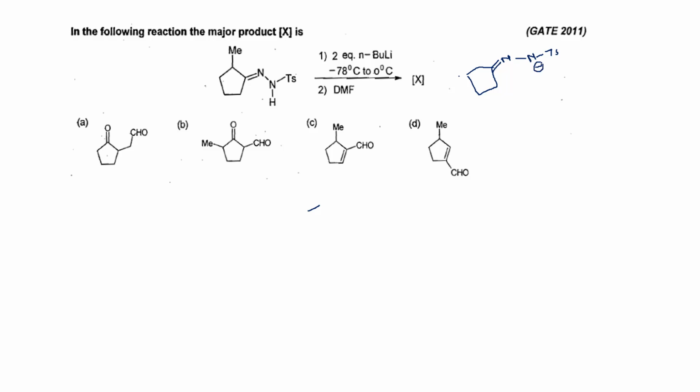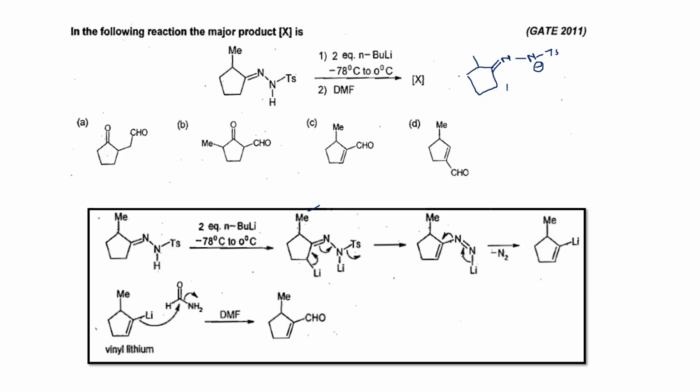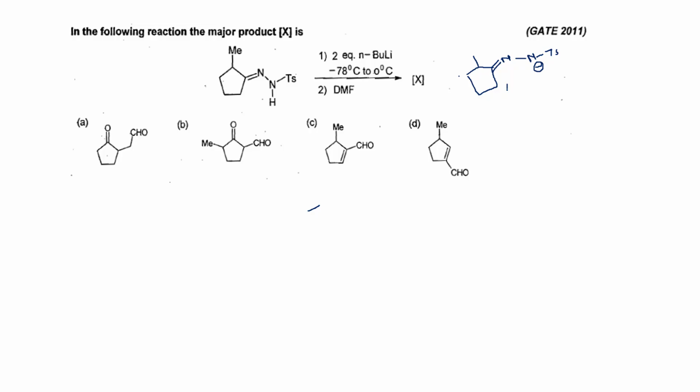It will have a negative charge here and also a negative charge, as 2 equivalents are given. So in the next step, this comes here and Ts gets removed from the system.